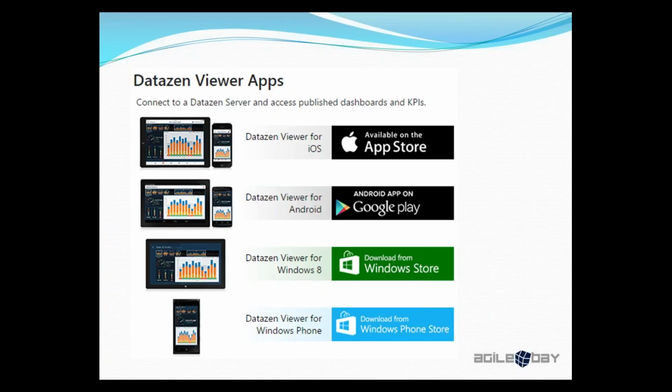It will be pre-configured with the Datazen demos URL, and user and password is Datazen. You connect to it, and you'll have all the nice interactivity on your phone right now without any delays.